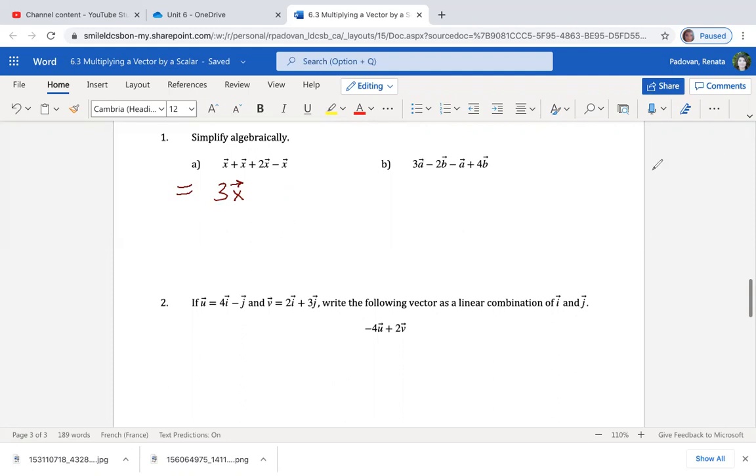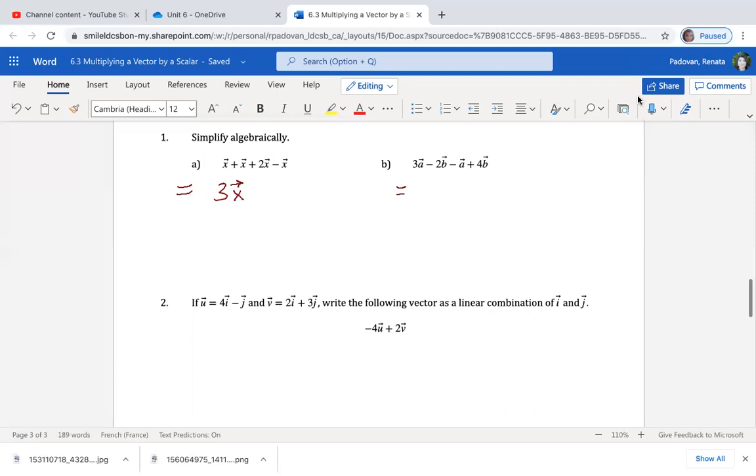Let's look at B. We have 2 different vectors here, a vector A and a vector B. So we've got 3 times vector A minus 2 of vector B minus 1 of vector A plus 4 of vector B. Again, for like terms, let's color code these. It's always good to have different colors.